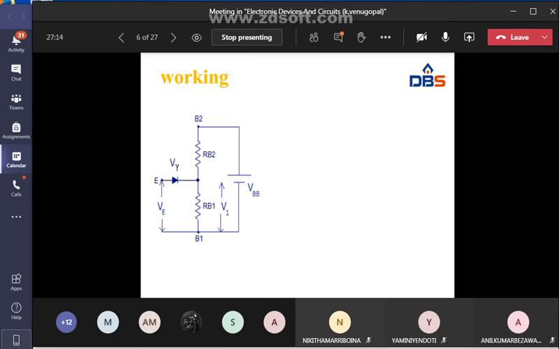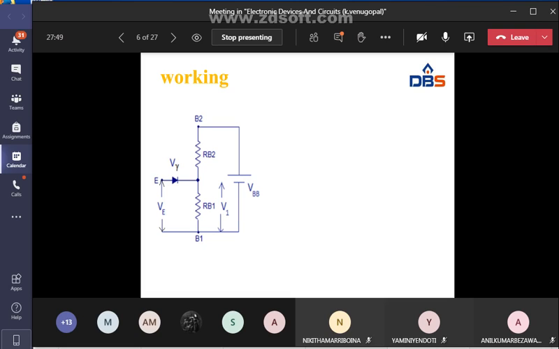In the initial state, if emitter voltage VE equals 0, the diode becomes reverse biased, because V1, the voltage across RB1, is applied to the cathode terminal. That reverse biases the PN junction diode, so the diode is in off state.